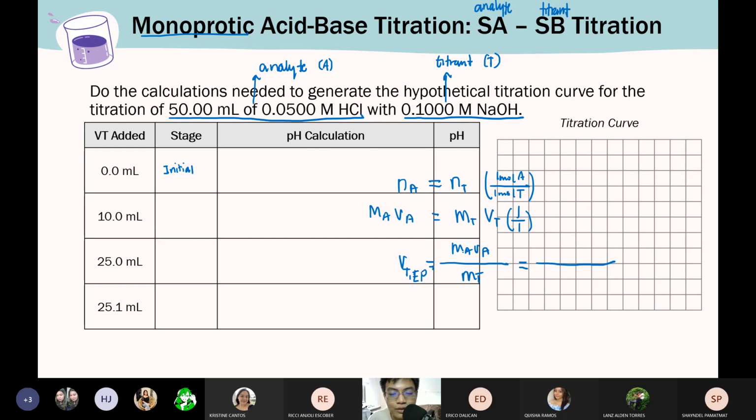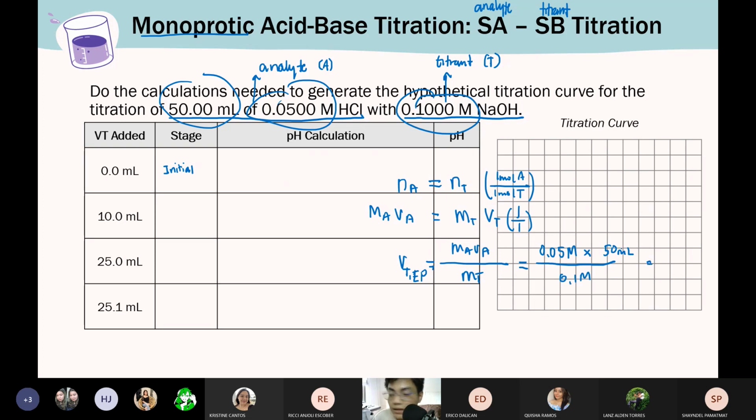So, VTEP is MAVA over MT. Molarity of analyte, 0.05. Volume of analyte, 50 mL. Molarity of titrant, 0.1.